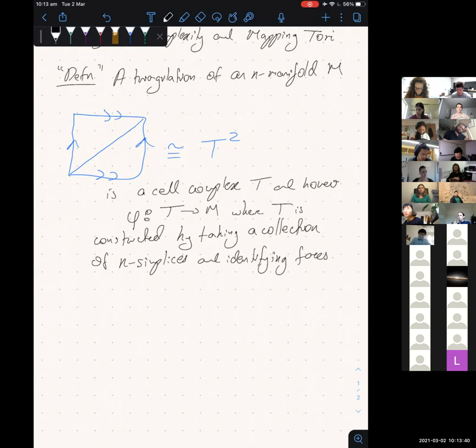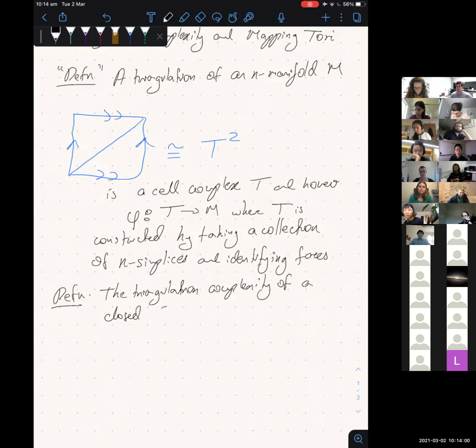So then the triangulation complexity of a manifold, let's say a closed three manifold, though you can do this a little bit more generally, is the minimal, we want to measure the minimal such triangulation.